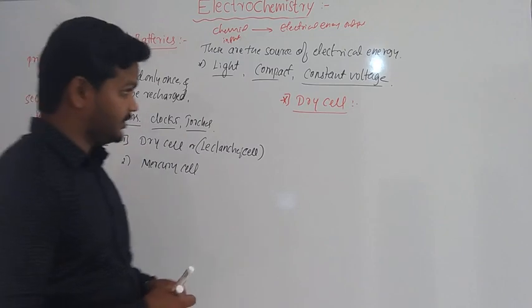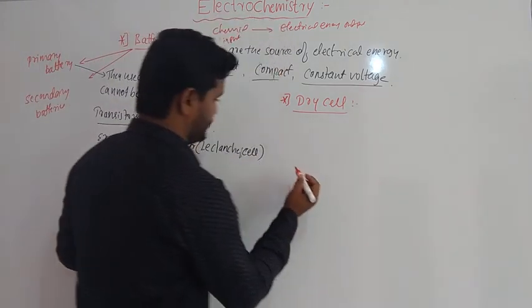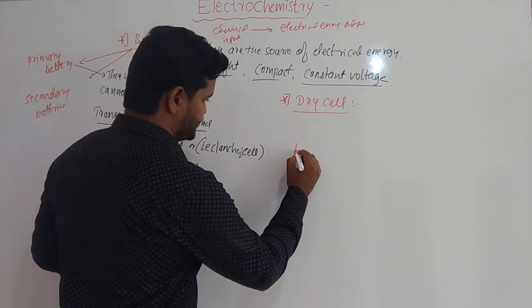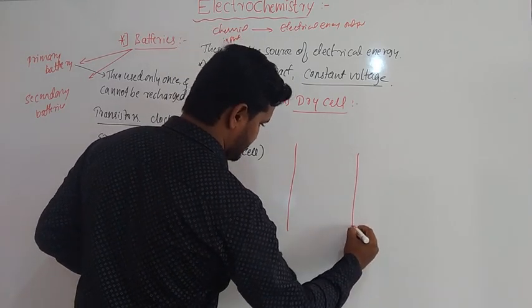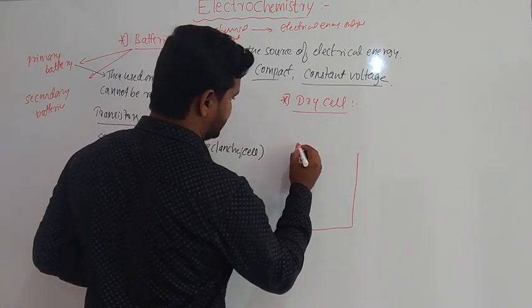Here I am going to draw a small diagram of the dry cell. The dry cell consists of a zinc cylinder.